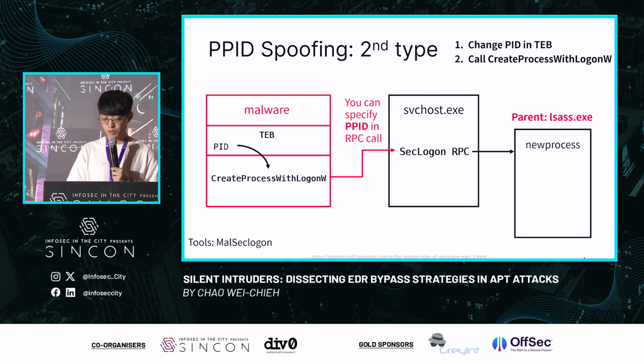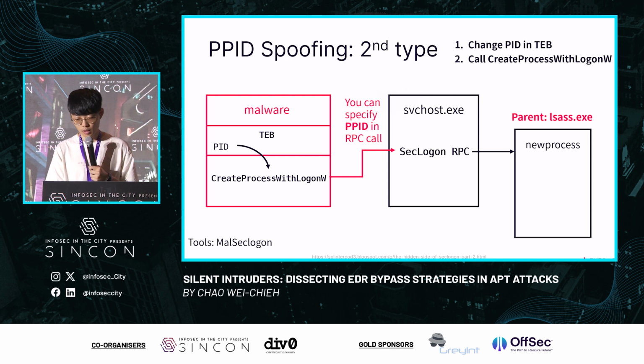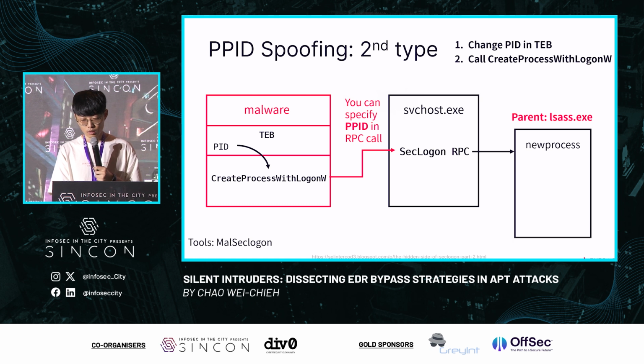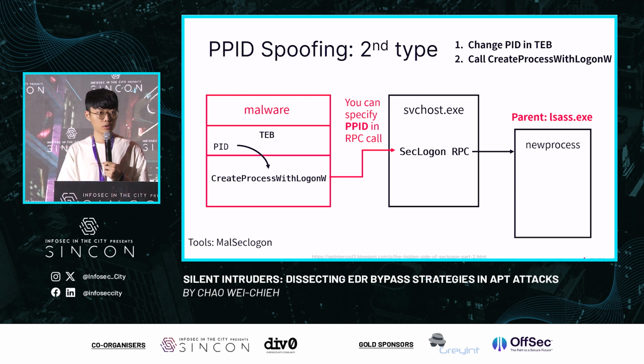The second method to do PPID spoofing is to call another API named CreateProcessWithLogonW. This API will do an RPC call to the seclogon RPC, and in this RPC, you can specify the PPID when you do the RPC call to seclogon.